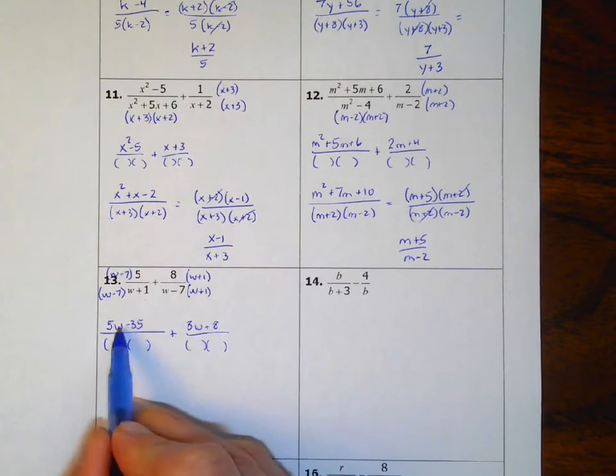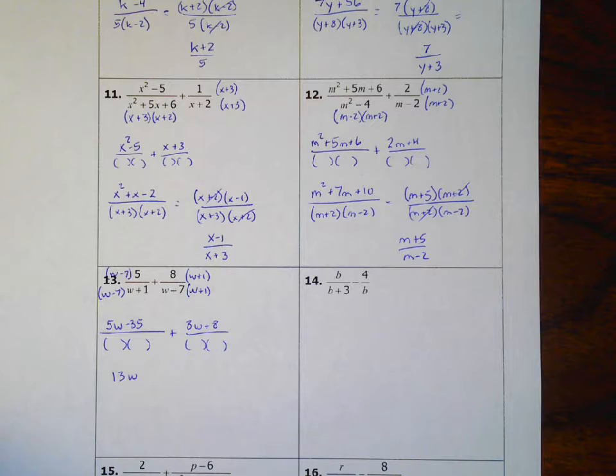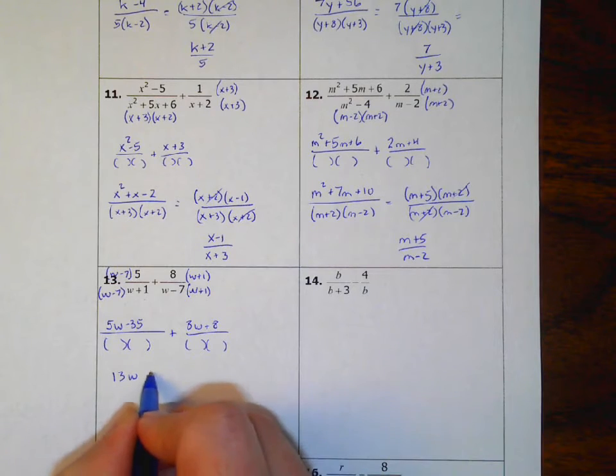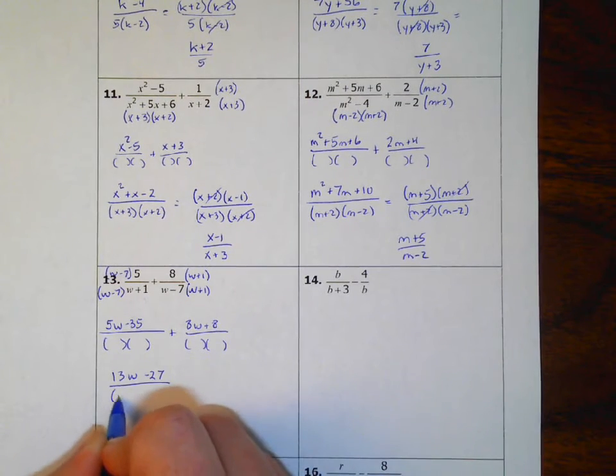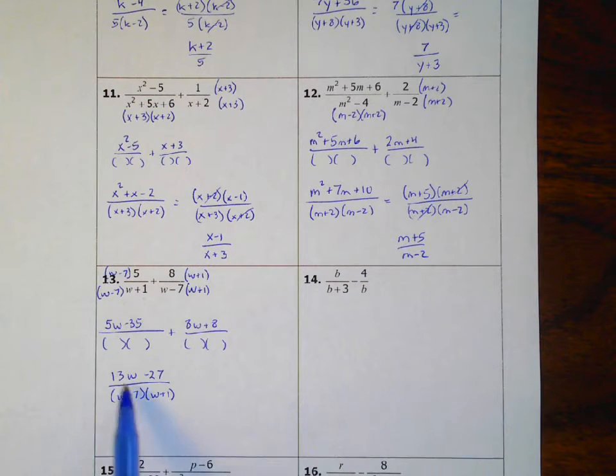Okay, they're the same. Add them together, I get 13w, and negative 35 plus 8 is negative 27 over my w minus 7 and w plus 1. That does not factor, so we are done with that one.